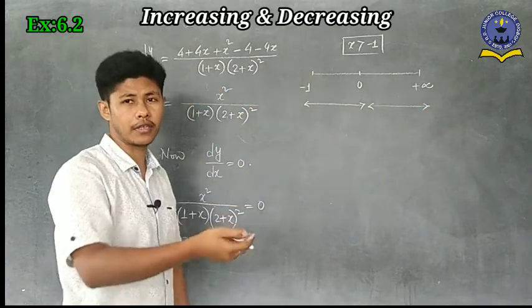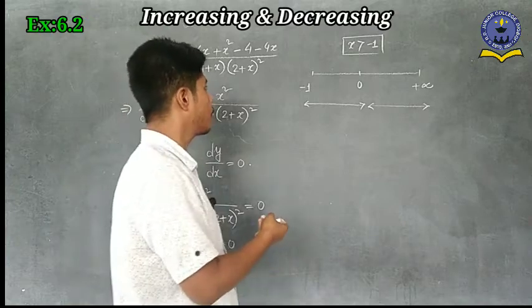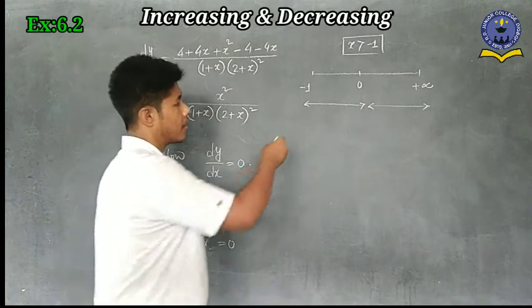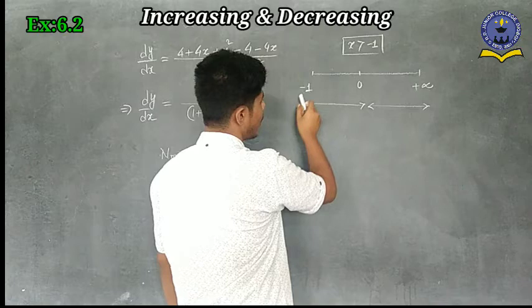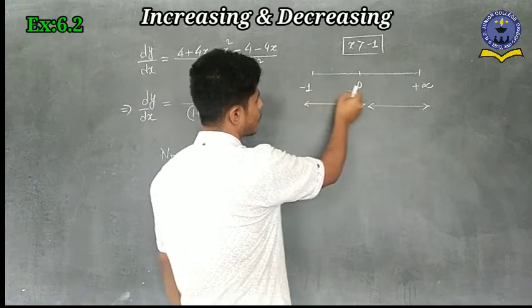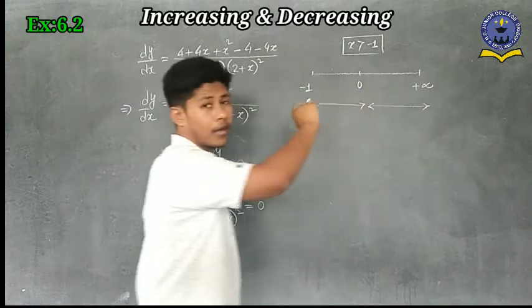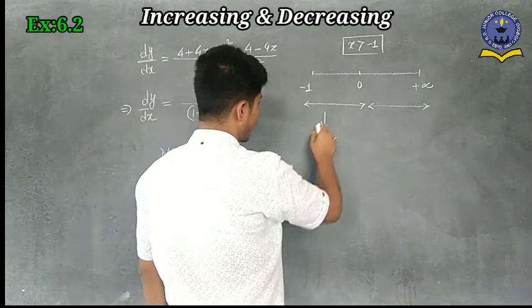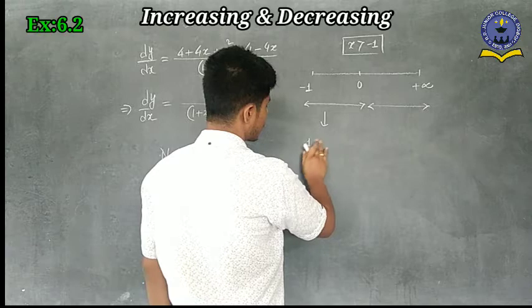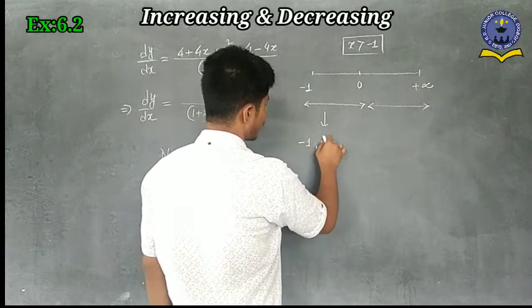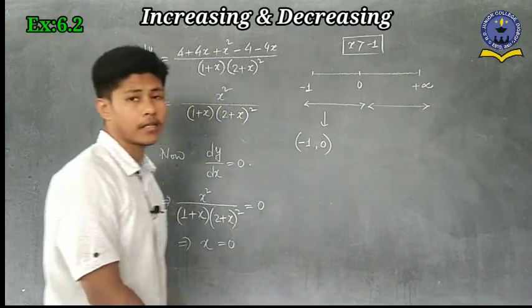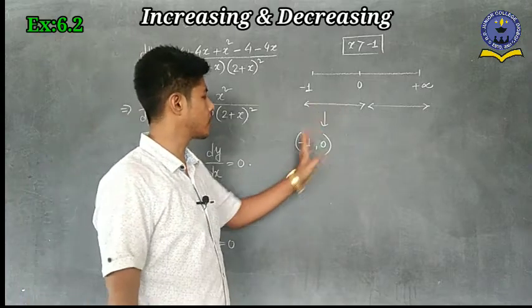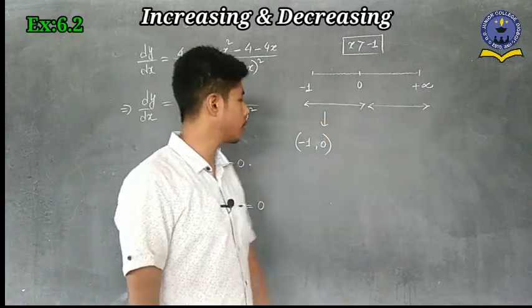Now here another method is there. With the help of this one also we can prove this result. Now let's say the interval is from where to where? The x value lies between minus 1 to 0 and 0 to infinity. Isn't it? Two intervals we get. So this interval we write from minus 1 up to 0, open interval, is not it? Disjoint interval, so minus 1 to 0 and 0 to infinity.